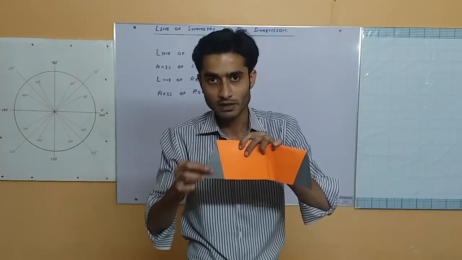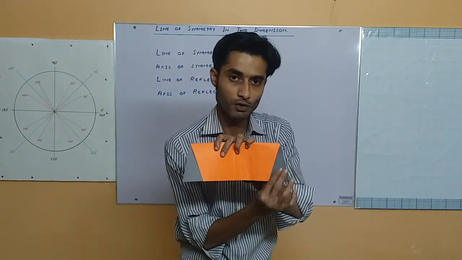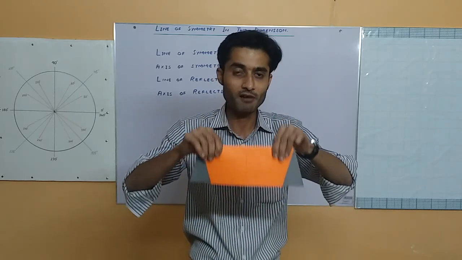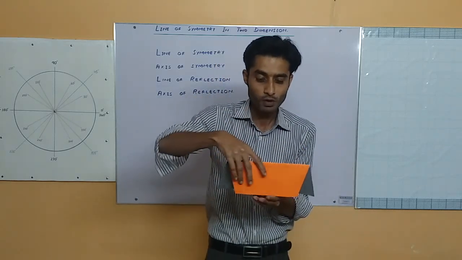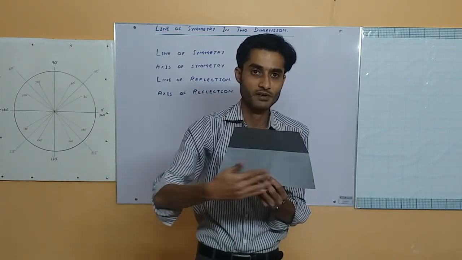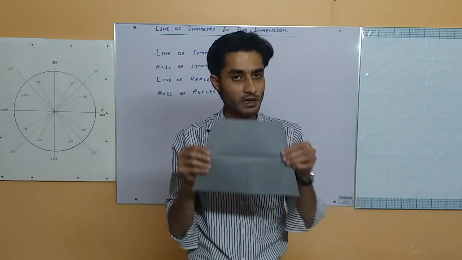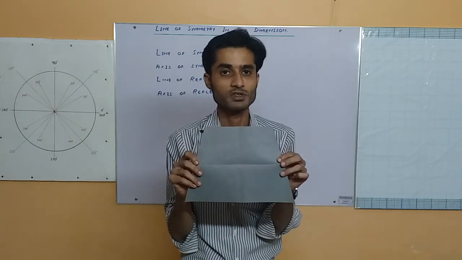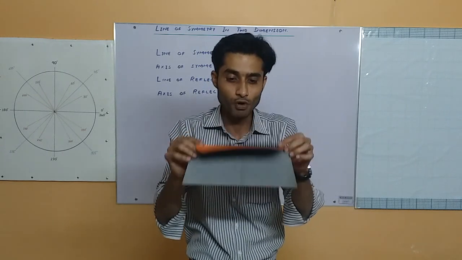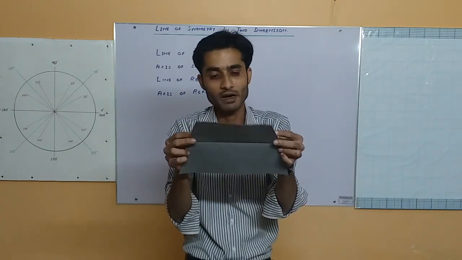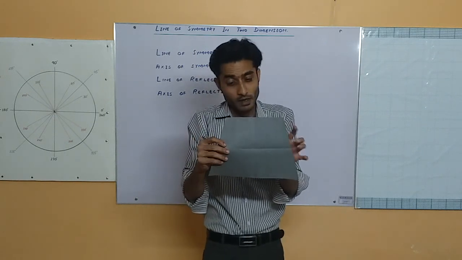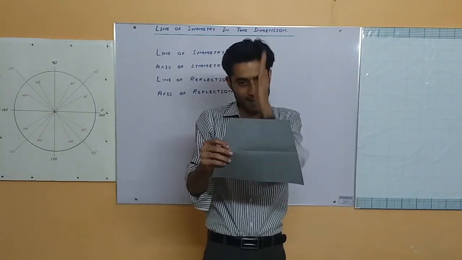You can see the gray shade of the lower part is visible even after I've covered the lower half with the upper half. So this shape is not symmetrical. These are not the symmetrical halves of this shape. The upper half and the lower half are not symmetrical because the upper half is not the mirror image of the lower half and it's not overlapping the other half completely.